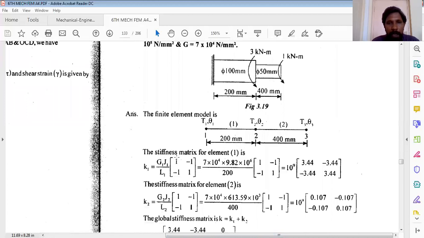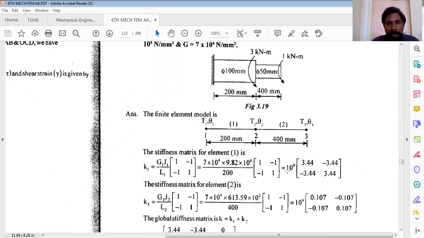To get the elemental stiffness matrix of the first element, K1 is equal to G1 J1 by L1 in the matrix of 1, minus 1, minus 1, 1. We have the G value, which is 7 into 10 power 4, and J1 value 9.82 into 10 power 6, divided by 200, which is in millimeters, into the matrix 1, minus 1, minus 1, 1.